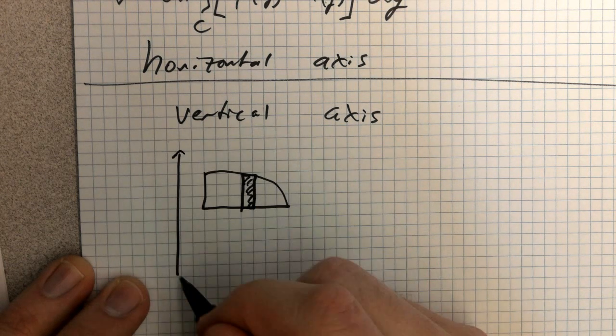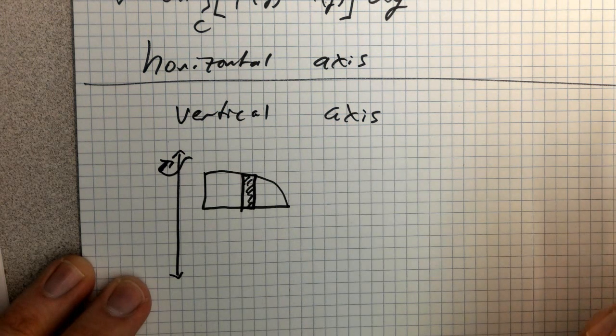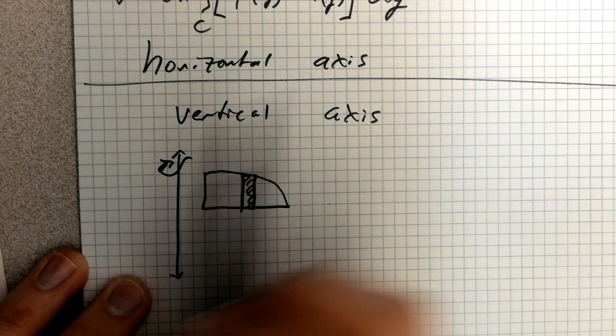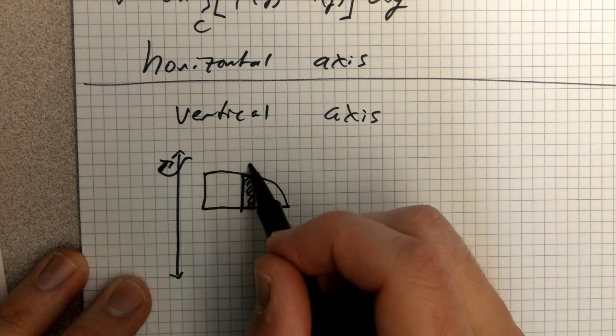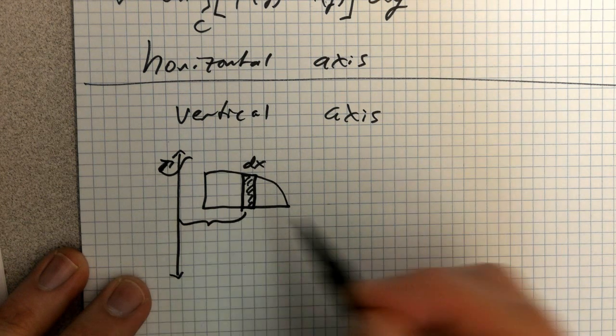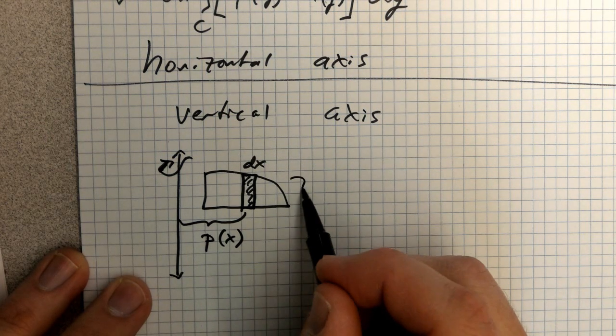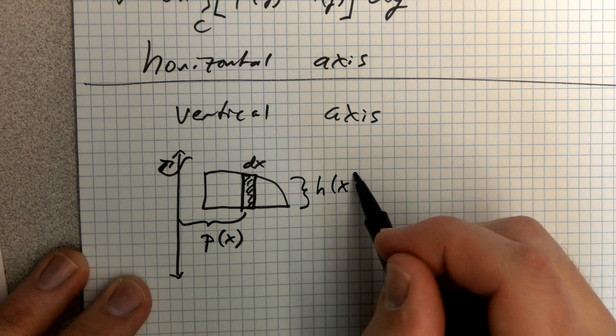So in this situation, we're going around the vertical axis, and so our thickness will be in terms of x. The distance to the shell from the axis of revolution will be P of x, and the height of the shells will be H of x.